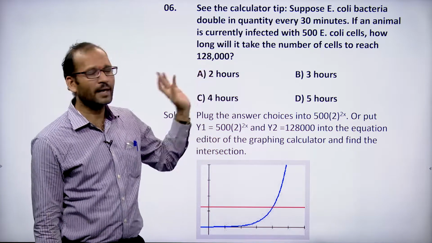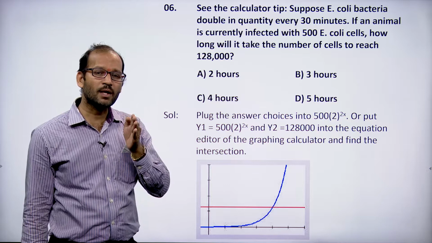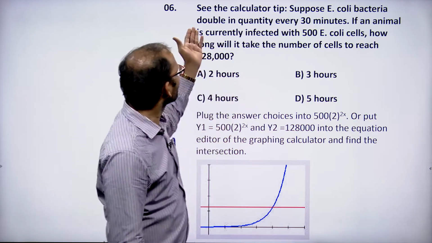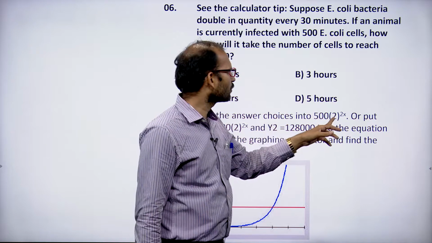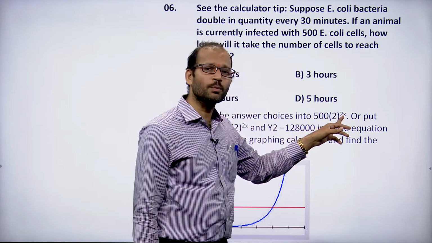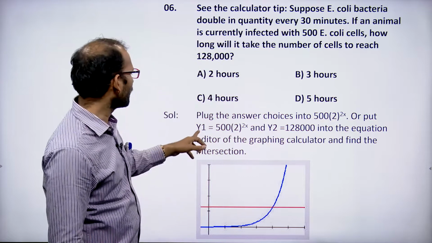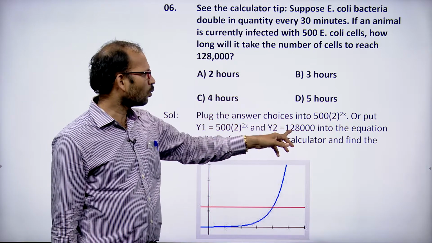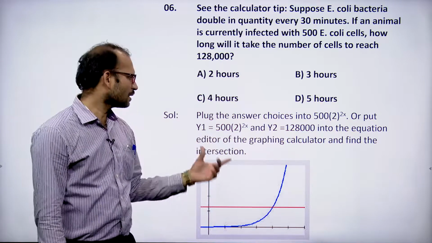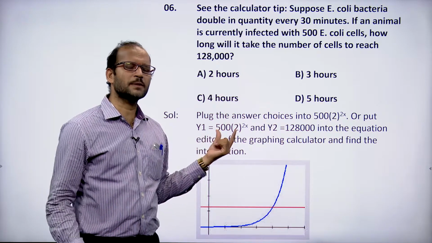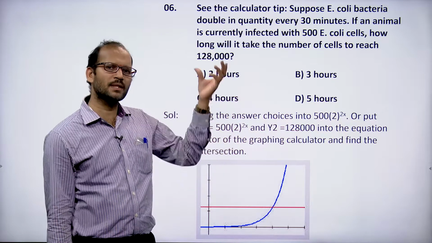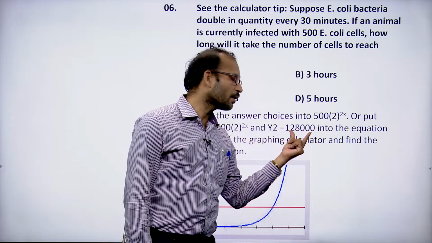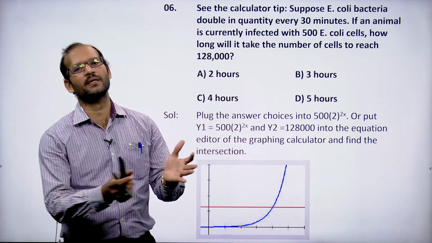x is the number of hours till we reach 1,28,000. So for every 1 hour 2 times it is increasing, the quantity is doubling, right, therefore 2x. Put y1 equals 500 into 2 power 2x, and y2 equal to 1,28,000. This is the exponential function which we can represent this problem by, and 1,28,000 is the population after certain time.